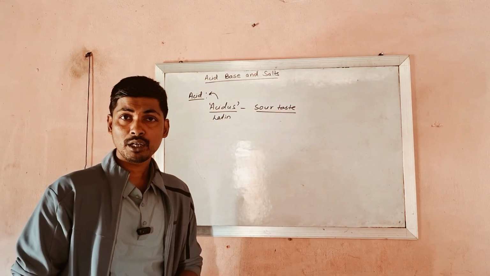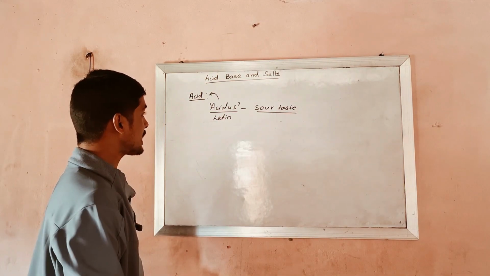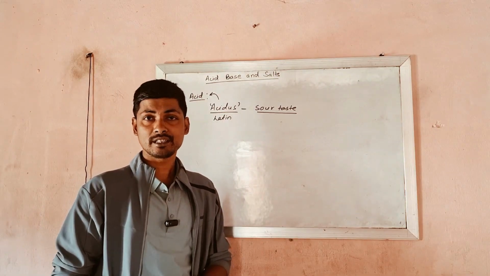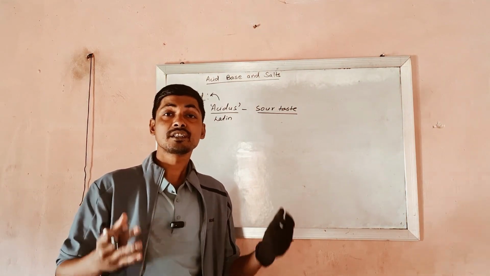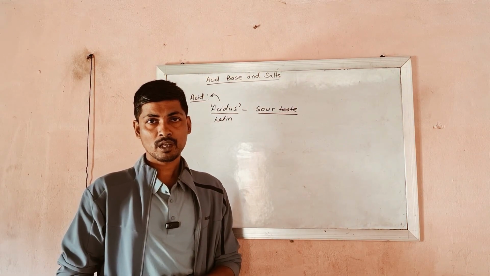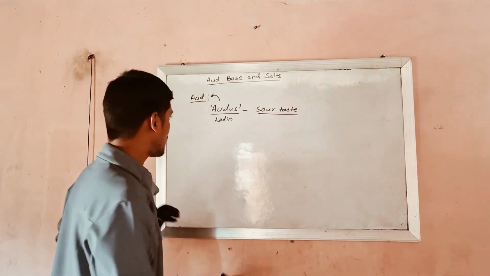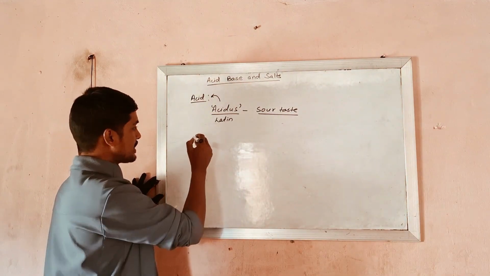So acid means any chemical substance which is sour in taste. But how do we define acid? Let us try to define acids.